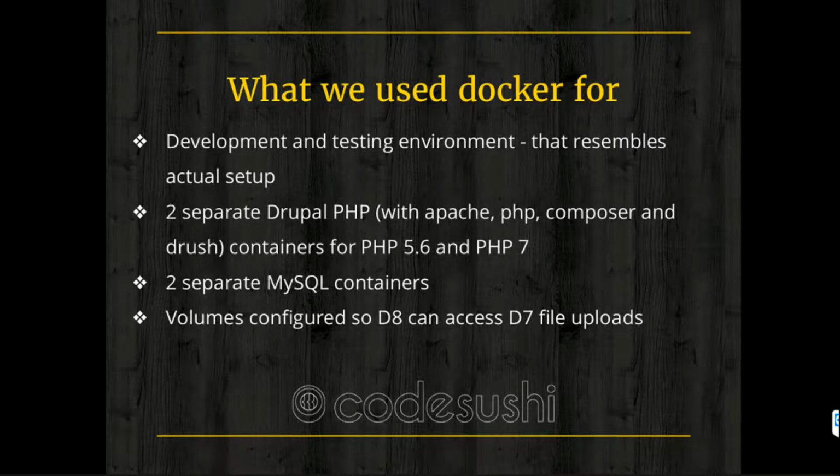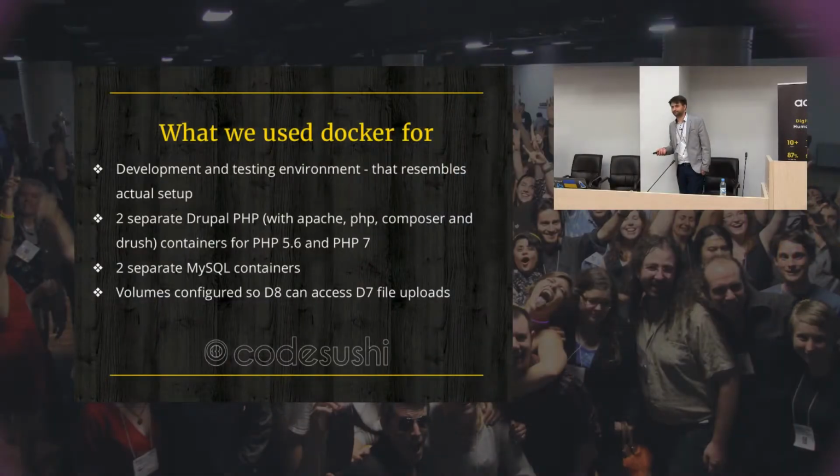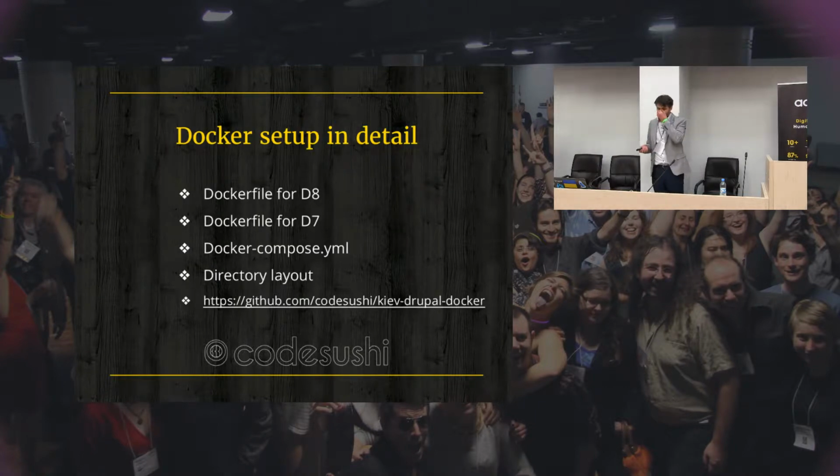And we have a volumes configuration, not really very special, that will allow one container to access the other's file system. So our setup is like this. One Dockerfile, and a Dockerfile is a piece of configuration that tells Docker how to build a container.